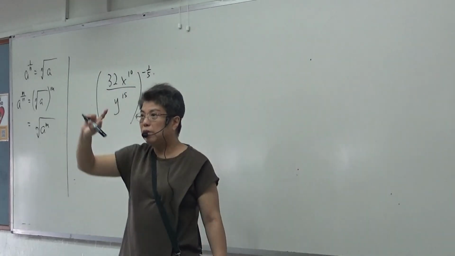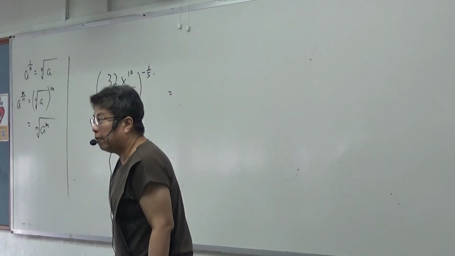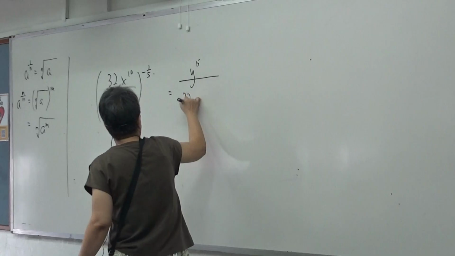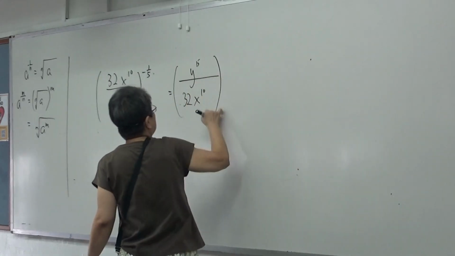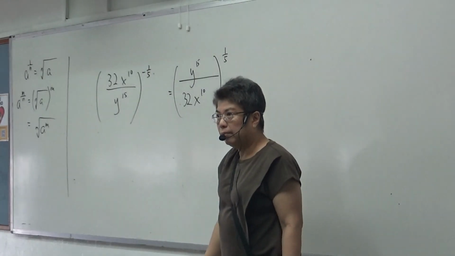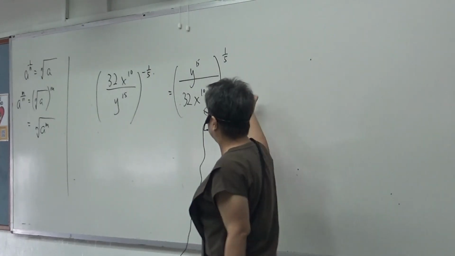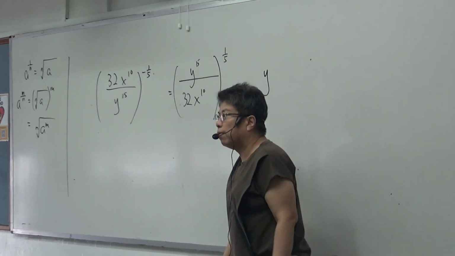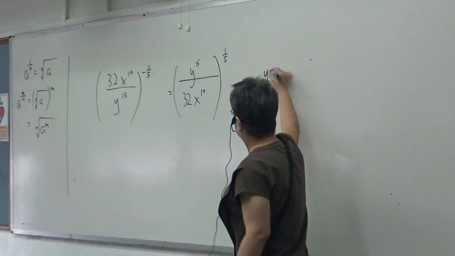When we change it to the positive, we must flip the inside. Correct? So what do we have? y15 over 32x10 to the power 1/5, right? I'm writing it very big so that everybody can see. Okay. Simplify y. 15 times 1/5. 3. Very good.